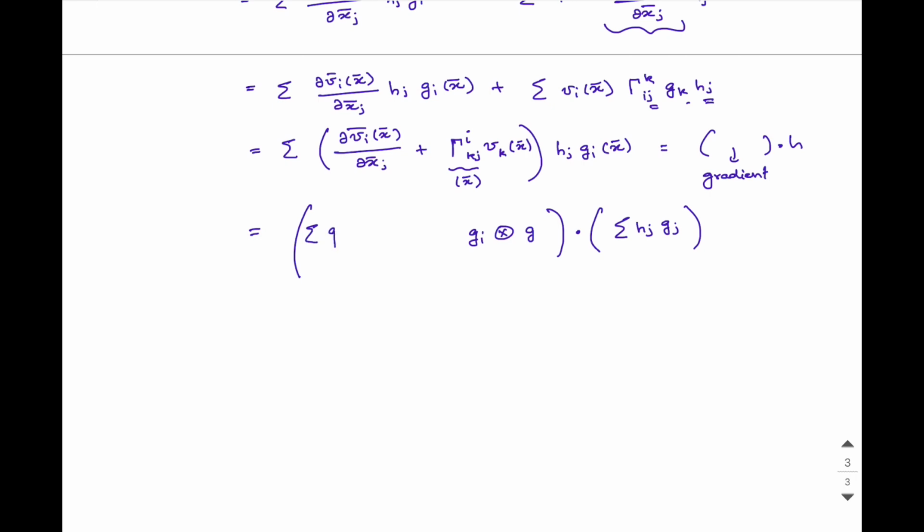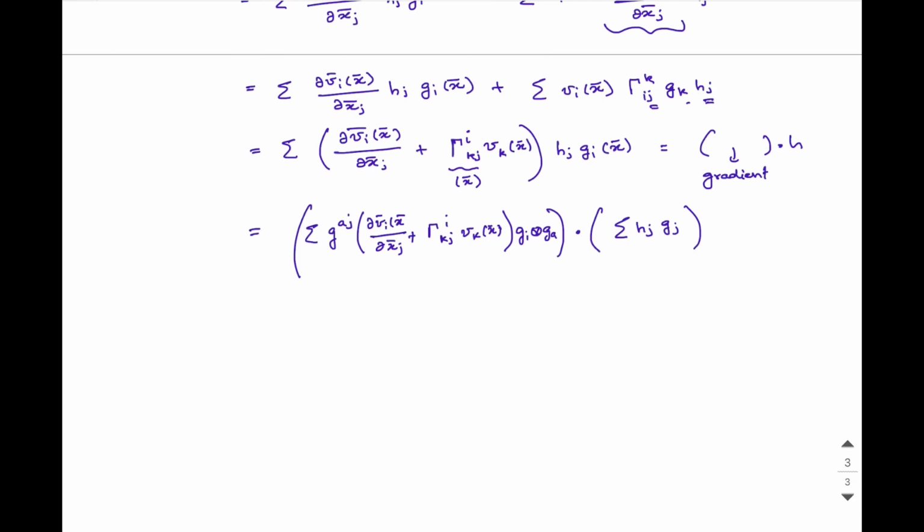So it's going to be the sum of g, so I'll write this as a, and I ideally want a j over there, g^{aj}, or g^{ja}, and g is symmetric, so it doesn't matter how you write it, times the rest remains as it is, partial v bar i at x bar by partial x bar j, plus gamma^i_{kj} v_k of x bar times g_i tensor product g_a.